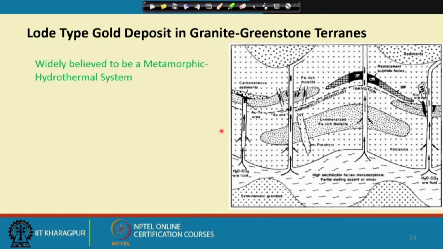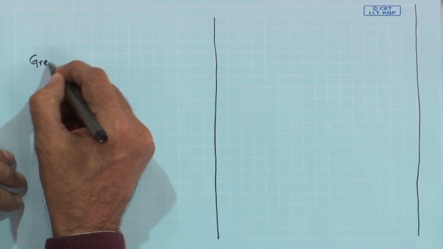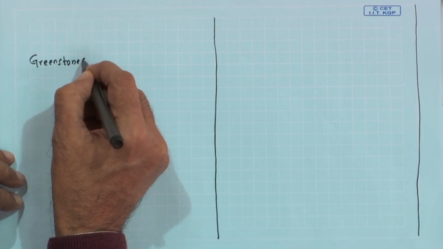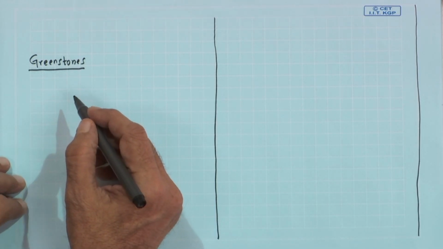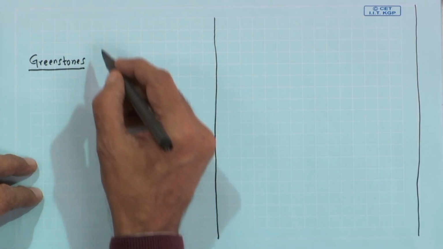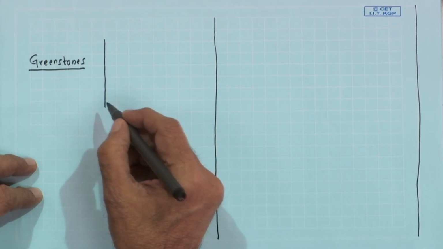The translation of this model to the occurrence of gold in these terrains can be observed in what we know as the greenstone belts, old greenstone belts, which are mostly Mesozoic age, and they are mostly metamorphosed volcanosedimentary sequences, the old volcanosedimentary sequences, which are known as the greenstones.